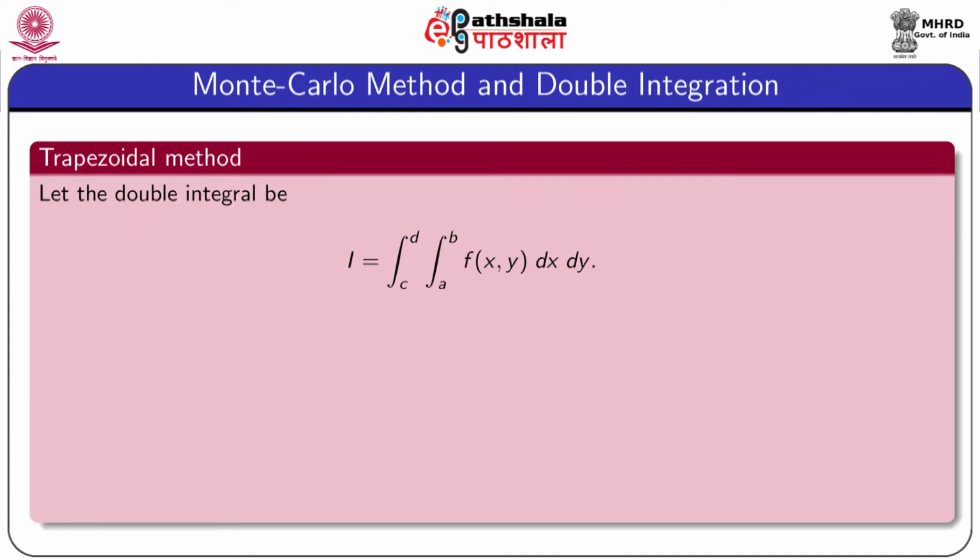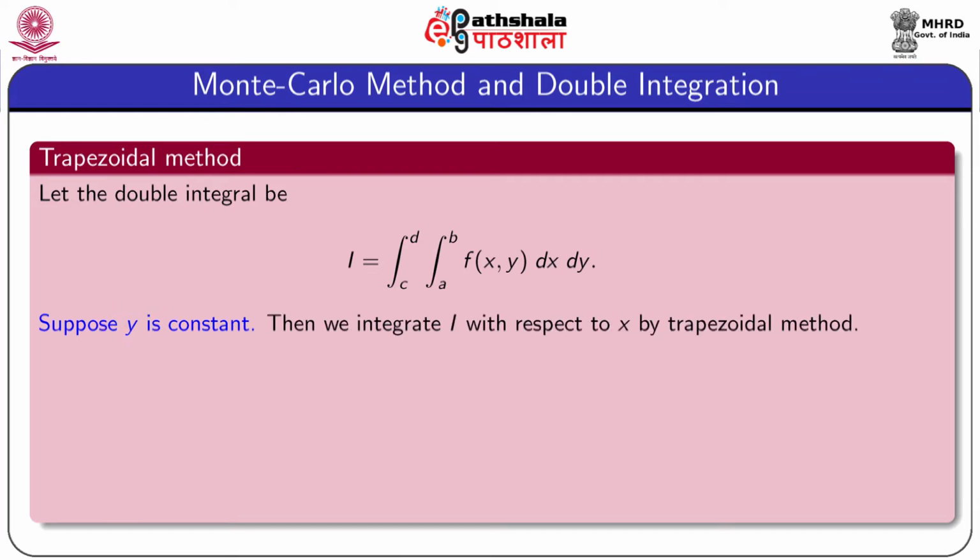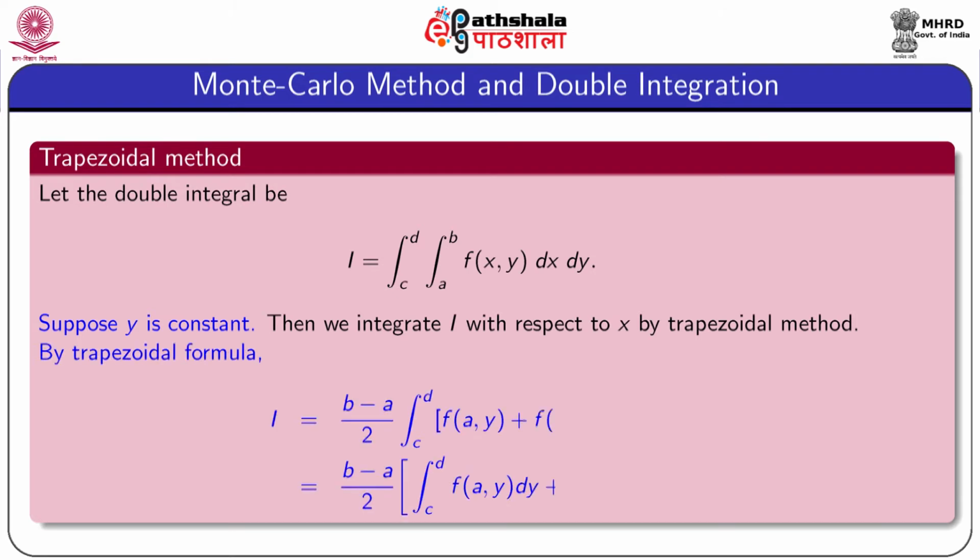Now, we consider the trapezoidal method, which is similar to the method described in module 2 of this chapter. The integral is this one. Assume that y is constant, then we integrate I with respect to x by the trapezoidal method, which is given by equation 7.